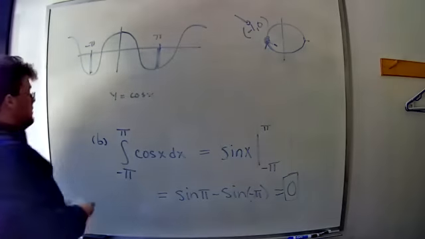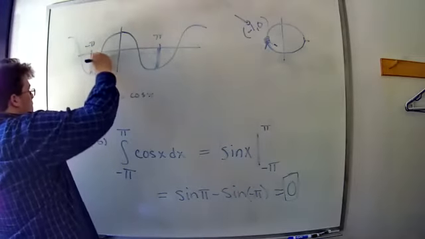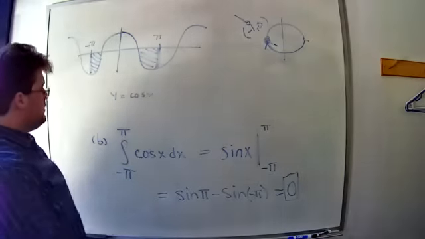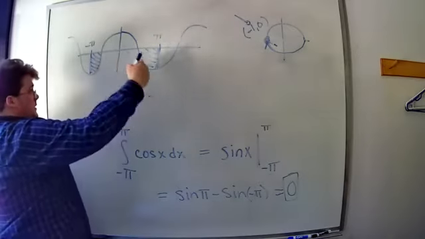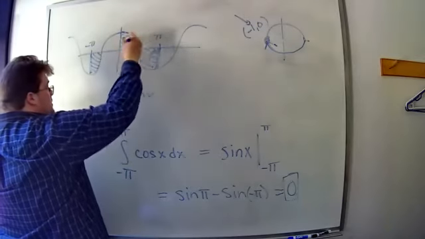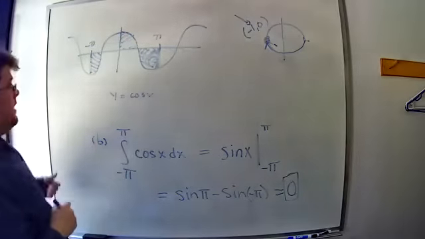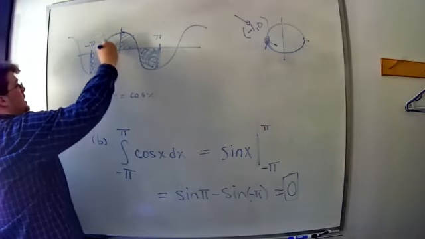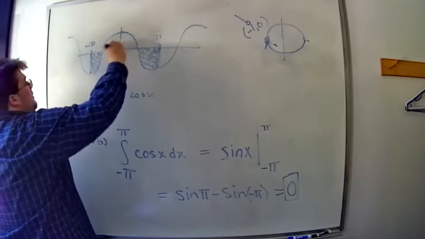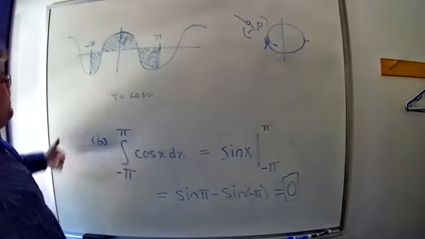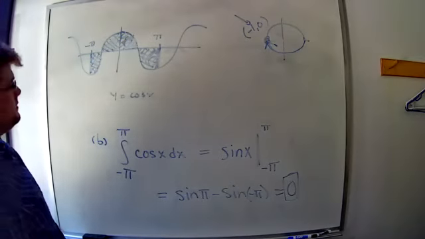So the integral would look at these areas. And notice that this area below the x-axis is the same as this piece above the x-axis. And also, this area below the x-axis is the same as that piece above the x-axis.